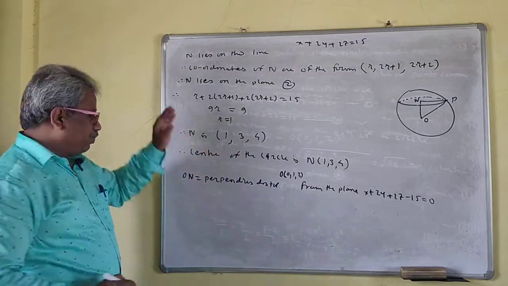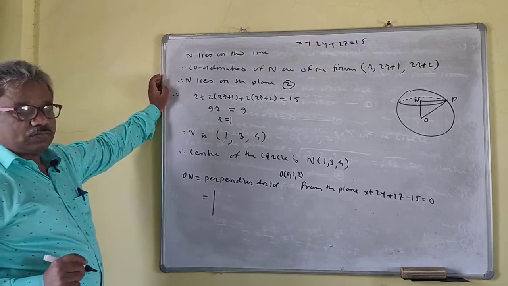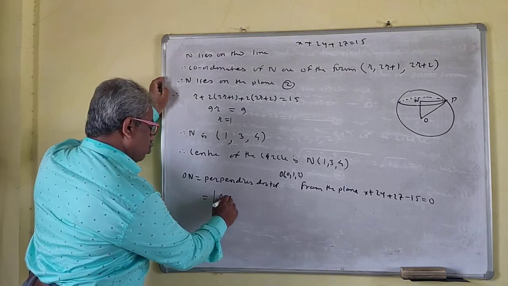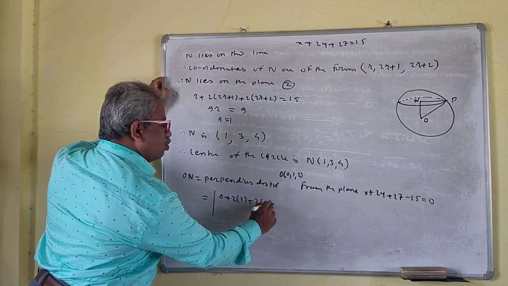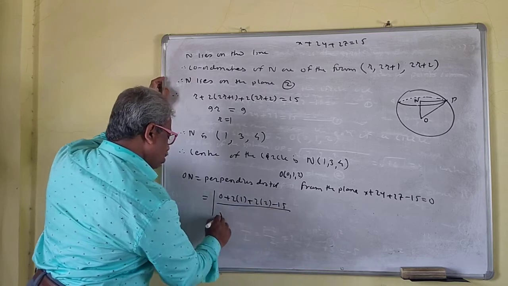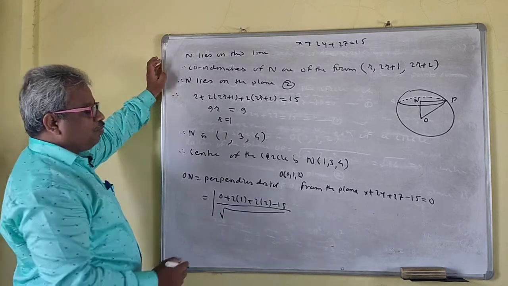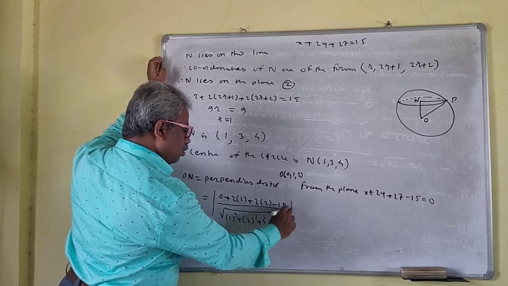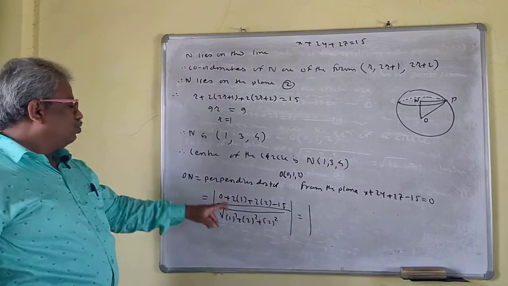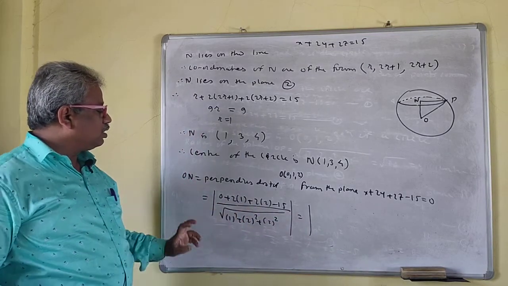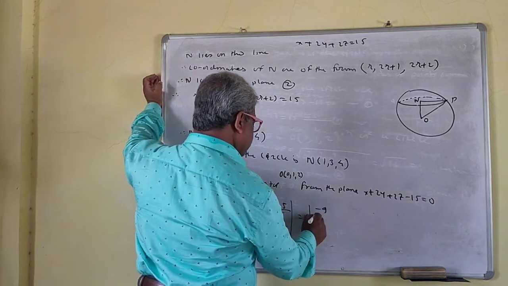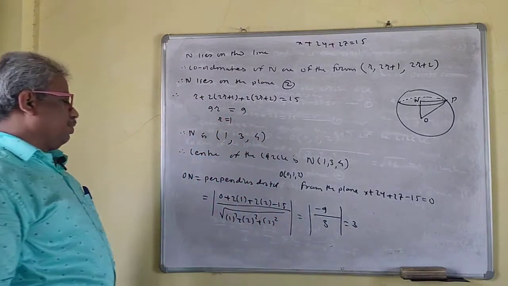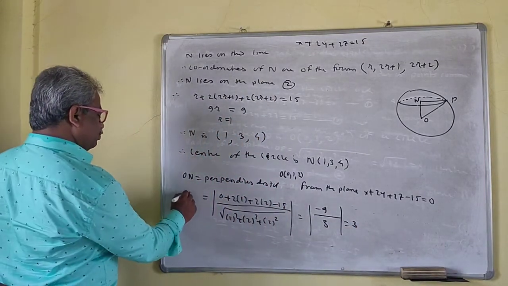Better to write the coordinates again. So this is equal to, we put x is equal to 0, y is equal to 1, so this is 0 plus 2 into 1 plus 2 into 2 minus 15 upon the square root of the sum of the squares of the coefficients of x, y, z from the plane. So this is 4 plus 2 is 6, so this is minus 9 upon 3. So ON is 3.